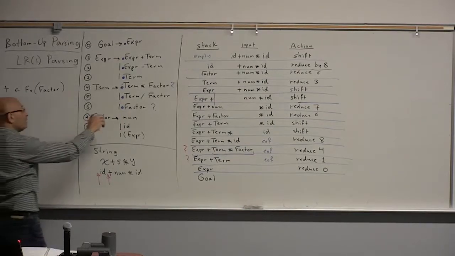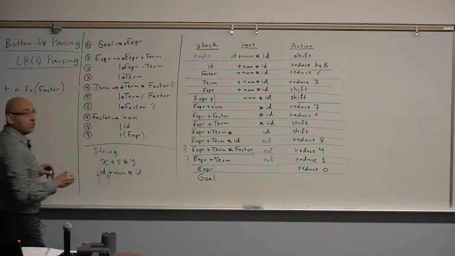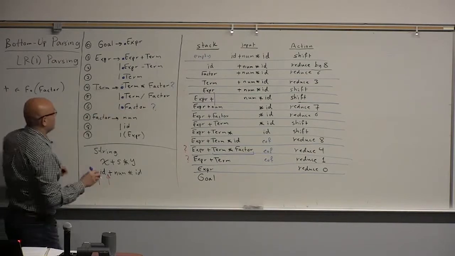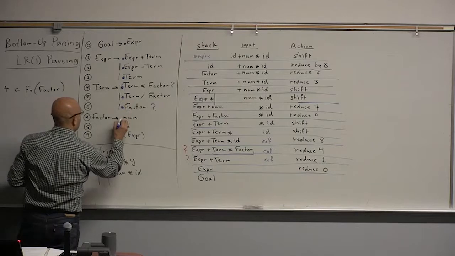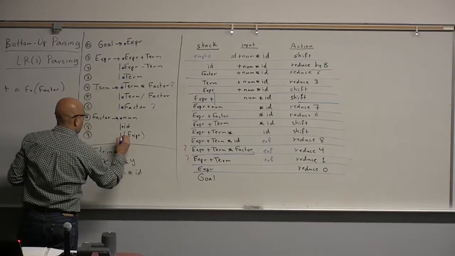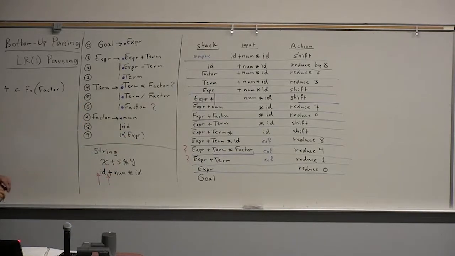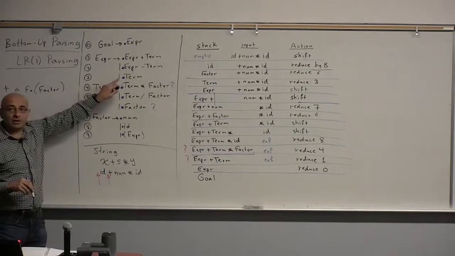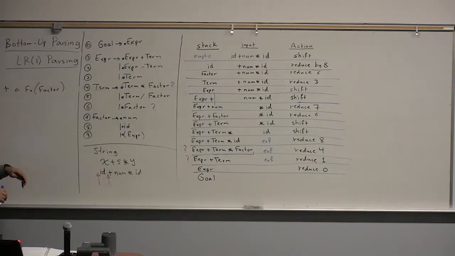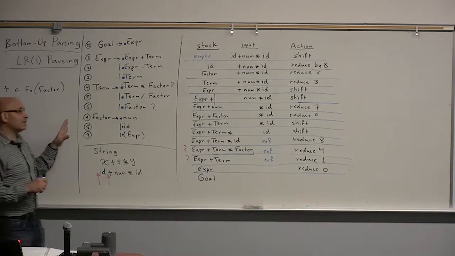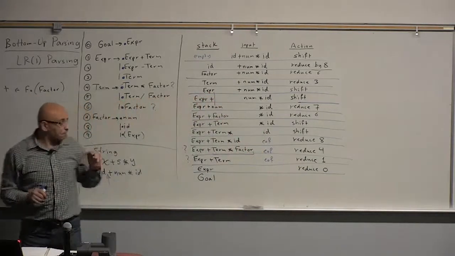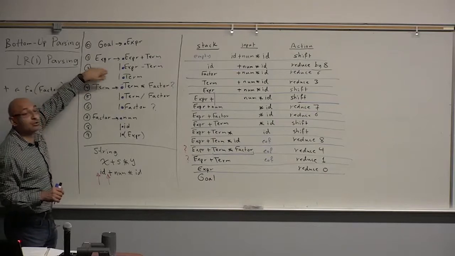But this also implies that initially we are at the beginning of a rule that defines factor. So it's going to imply that we are here, here, and here. So this placeholder, and you'll see lots of these placeholders in the next couple of lectures, tracks our progress, where we are in each rule.